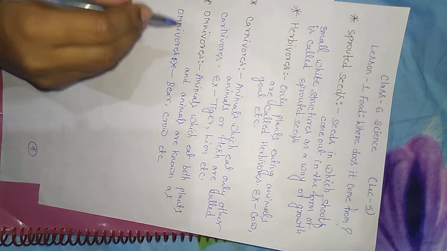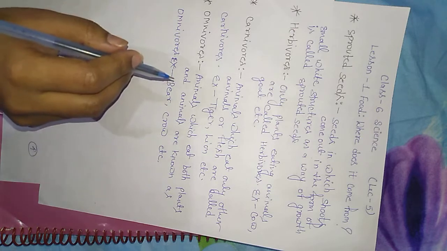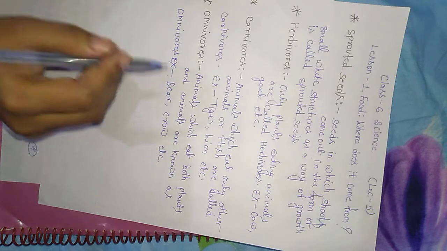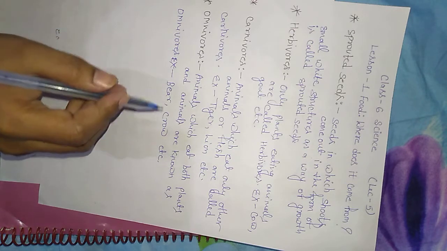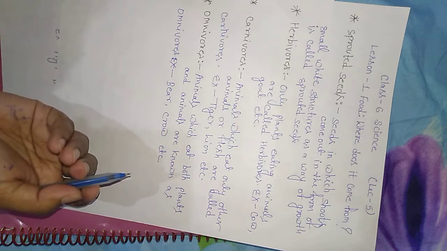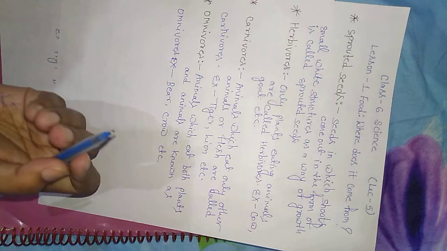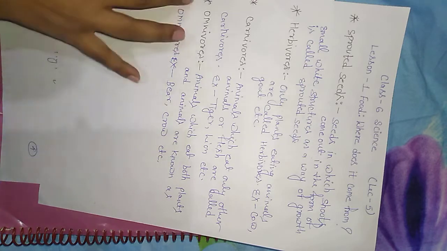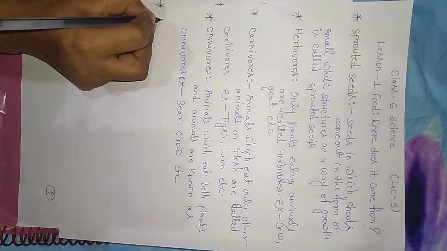Students, these keywords are very important for understanding lesson 1, Food: Where does it come from. Some extra facts you also have to know about the chapter. You can find these extra facts in the form of question answers. So let's do that.